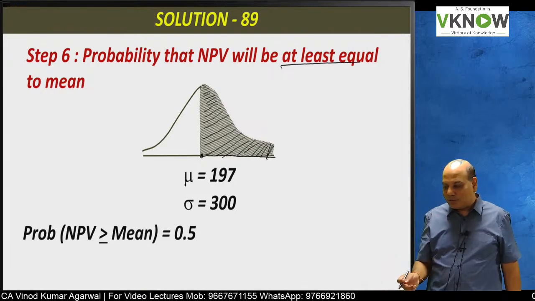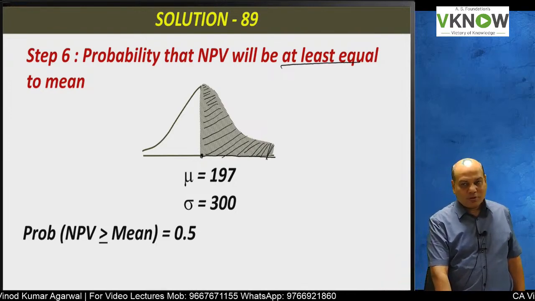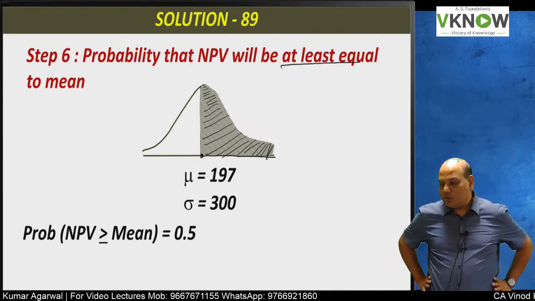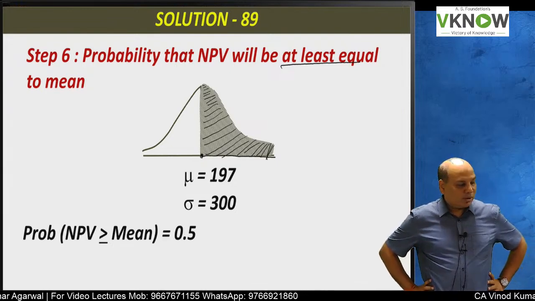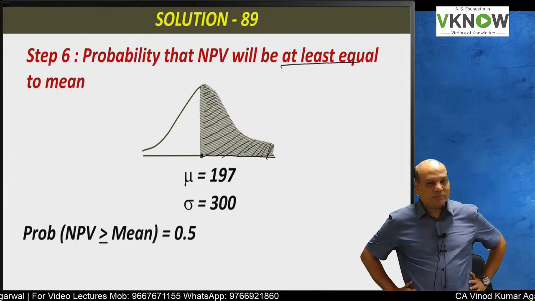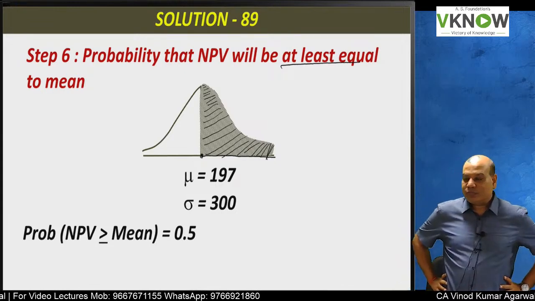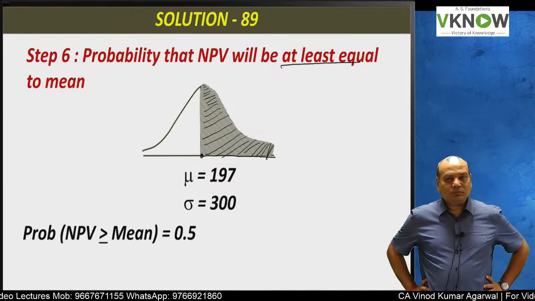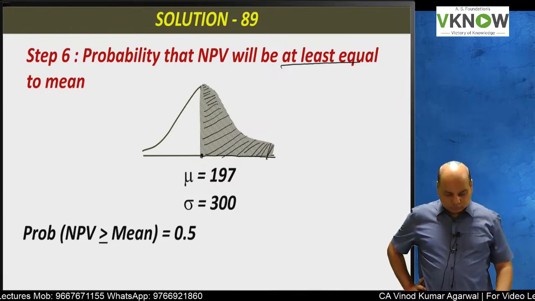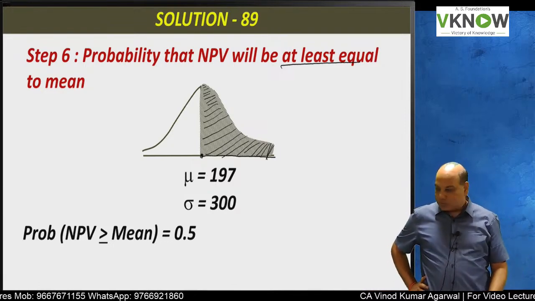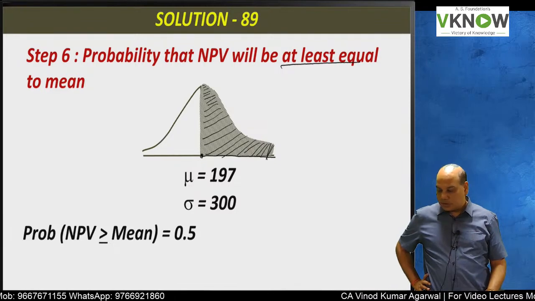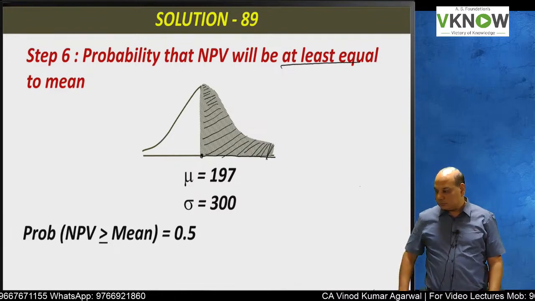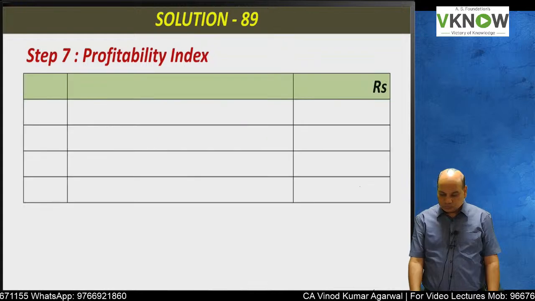Please write probability NPV is greater than or equal to mean is 0.5. Is it right now?